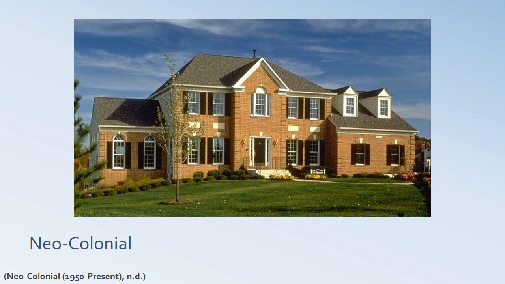Dentils or small frieze. Tall windows common, sometimes arched. Temple-like entrance. Double hung windows with shutters. Palladian windows. It was overshadowed by the ranch and other modern style homes in the 50s and 60s.